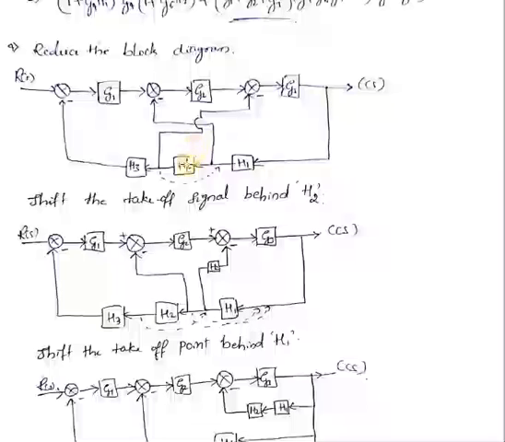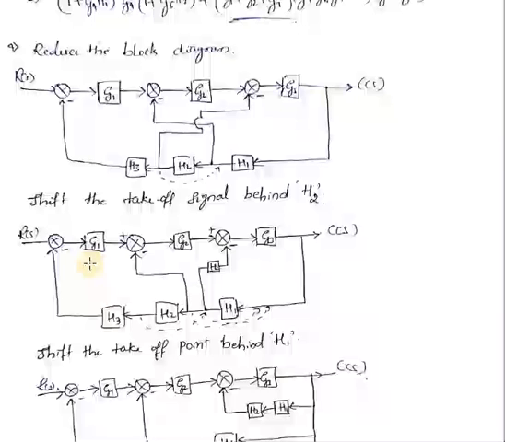So here what I will do, I will shift this takeoff point towards this side. That is, I will shift this one before H2. If I shift this one before H2, here it was having H2, but when you shift here, it won't contain H2. For that reason, I have to multiply this signal with H2.